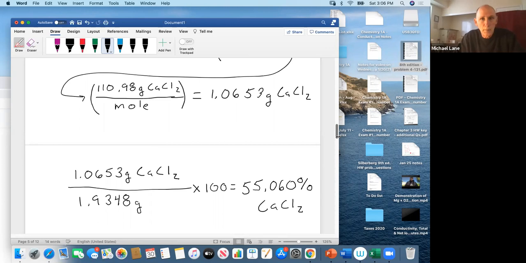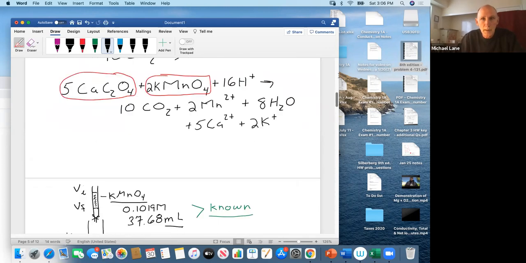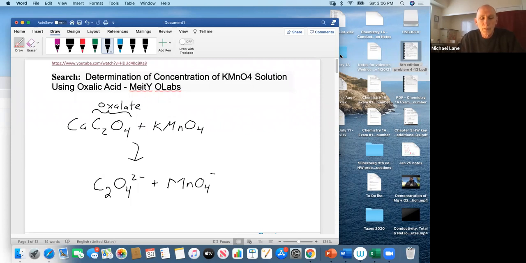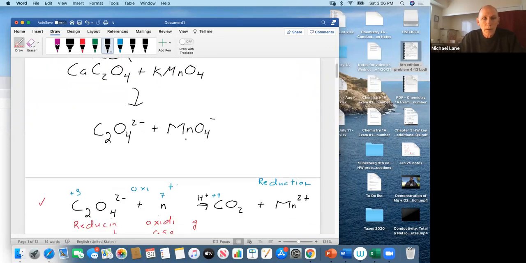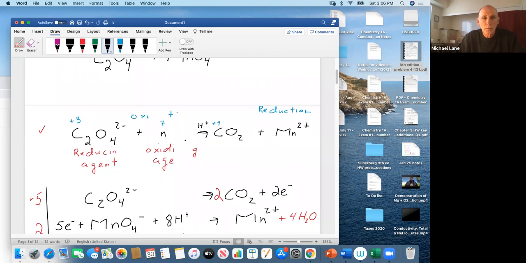So again, I want to scroll through some of this again to point out some of the things in here which are elements of chapter 4.1, recognizing oxidation and reduction, right?